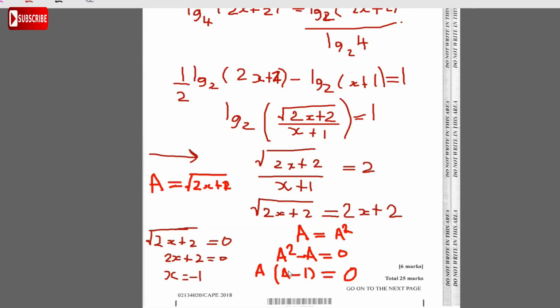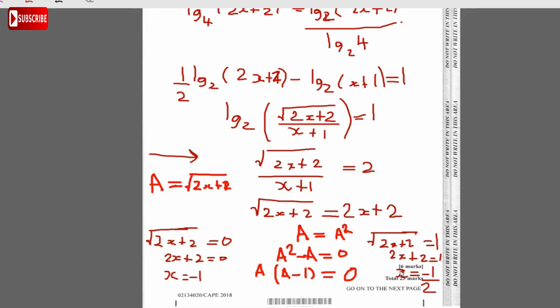Or if a minus 1 is equal to 0, then the square root of 2x plus 2 is equal to 1. Squaring both sides, 2x plus 2 is equal to 1, so x is equal to minus a half.